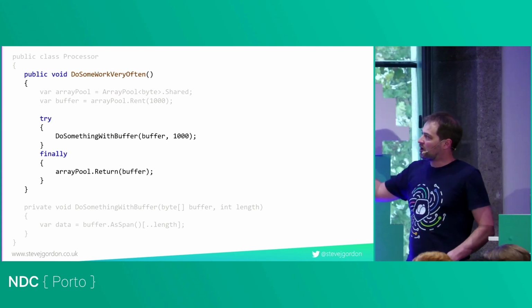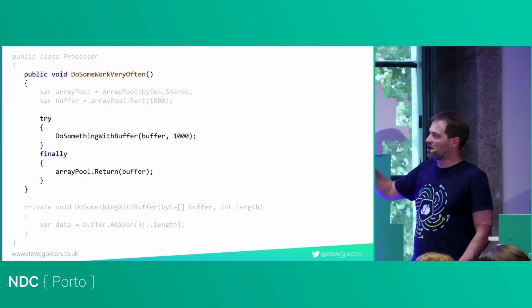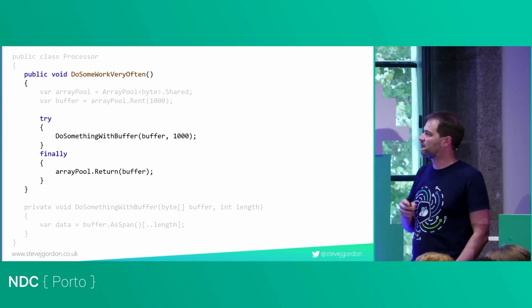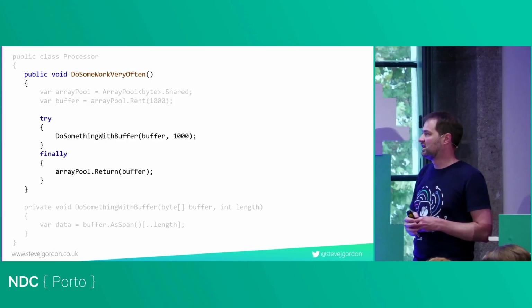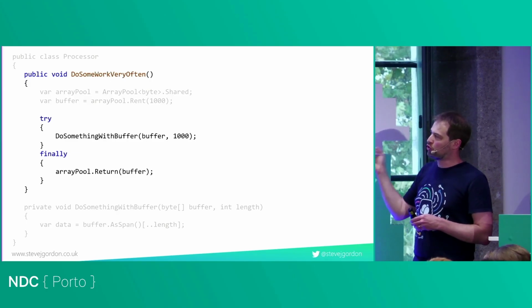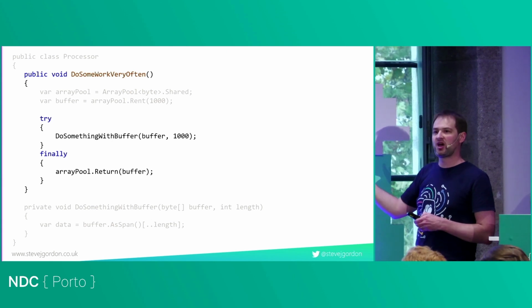I'm showing it here with a try/finally. Microsoft have actually moved away from this guidance fairly recently and tend not to bother with it. The idea of doing it in a try/finally is you always guarantee that if there's an exception in that other method, we're returning the array to the pool. But actually, the cost of doing a try/finally and the operations needed is usually not necessary for the number of times that might actually cause an exception.